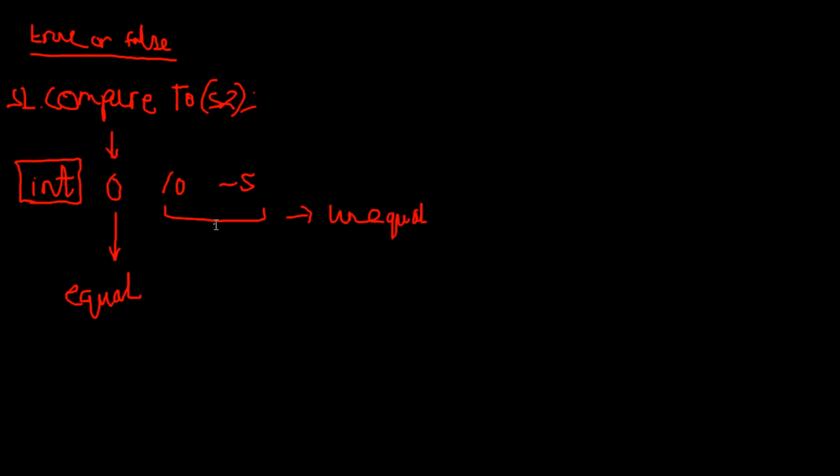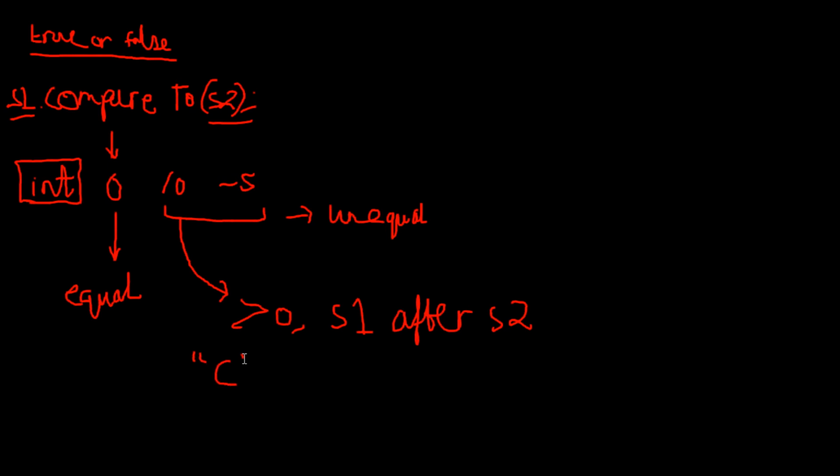Now, we did s1 dot compare to s2. If the value of the integer that the function gives us is positive, that means if it's more than 0, then that means that s1 comes after s2 in the alphabetical order. For example, I have C over here as one string. Remember, a string can also have just one character, but a character can't have multiple characters.